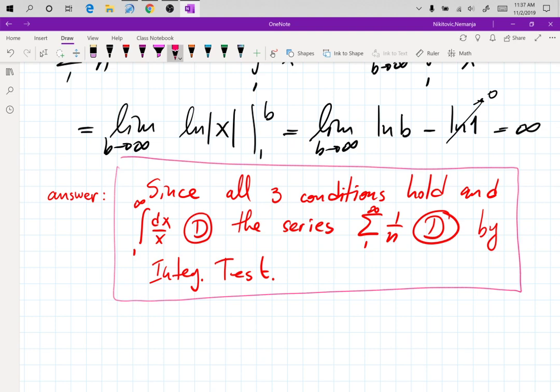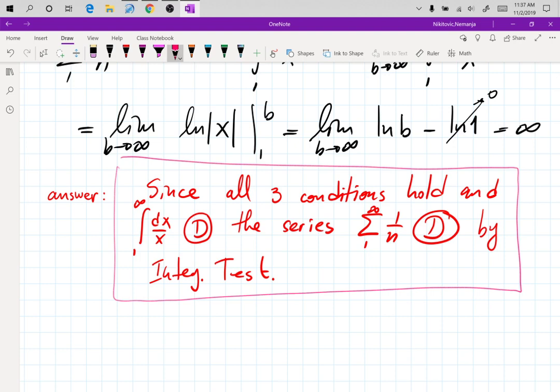Everything else prior to this is, what do you call it, partial credit. Everything prior to that is partial credit. So this box is 2 out of 8 points for your problem, right?